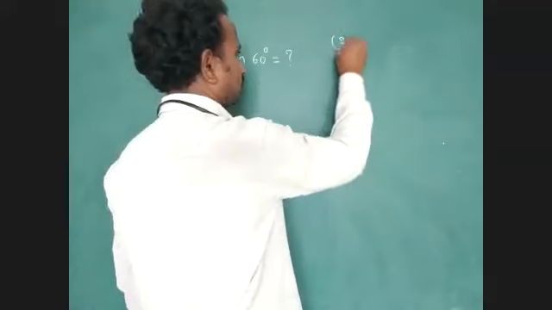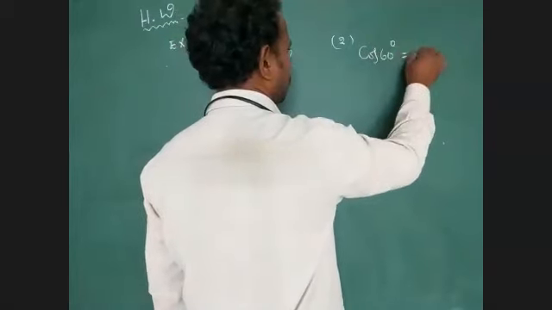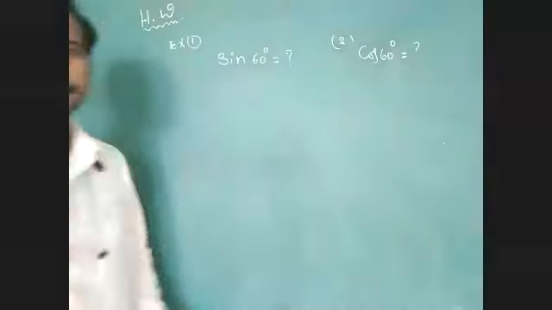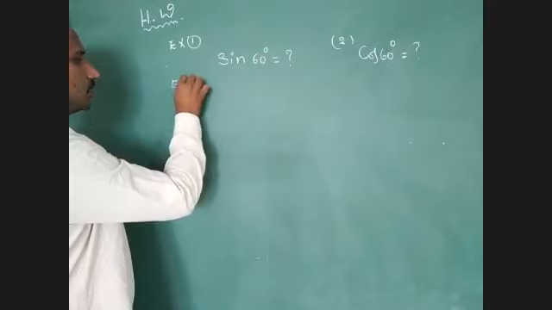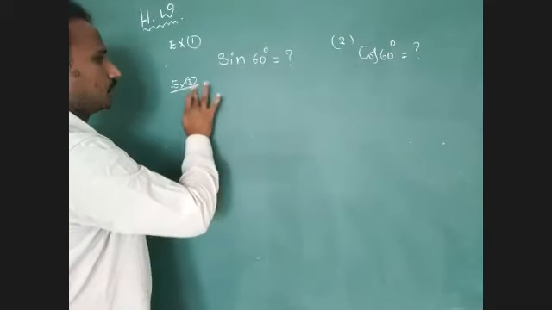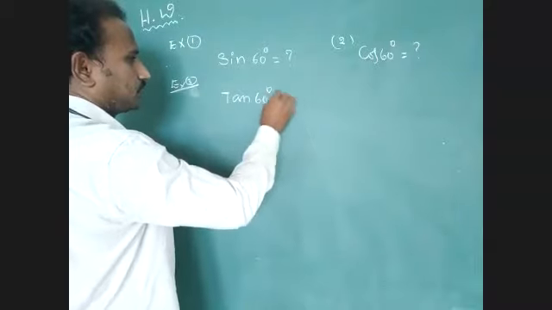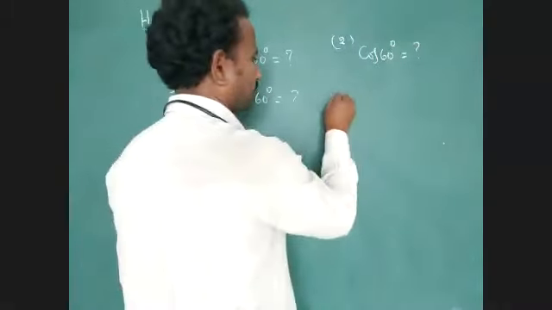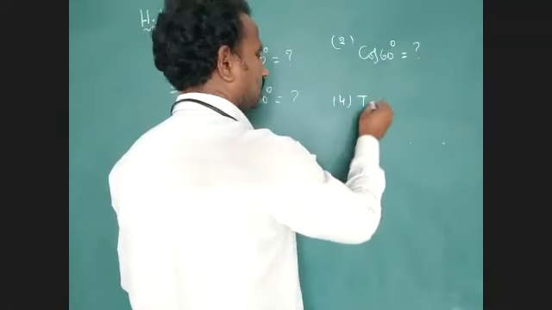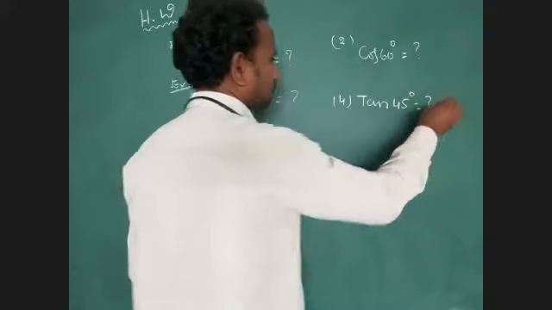Second one, cos 60 degree equal to question mark. Example 3: tan 60 degree equal to question mark. Fourth one, tan 45 degree equal to question mark.